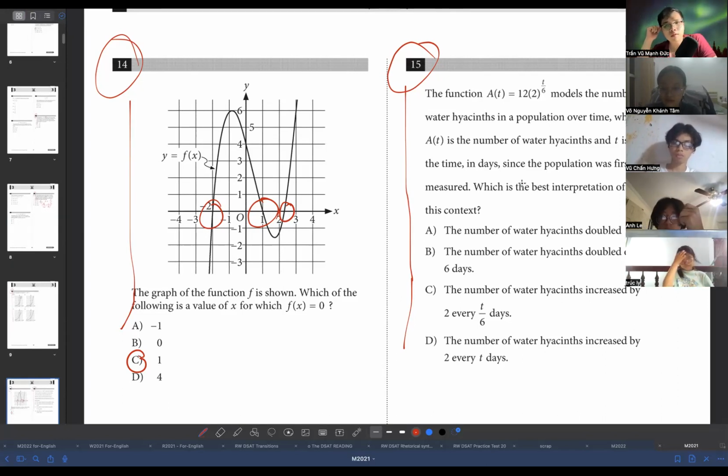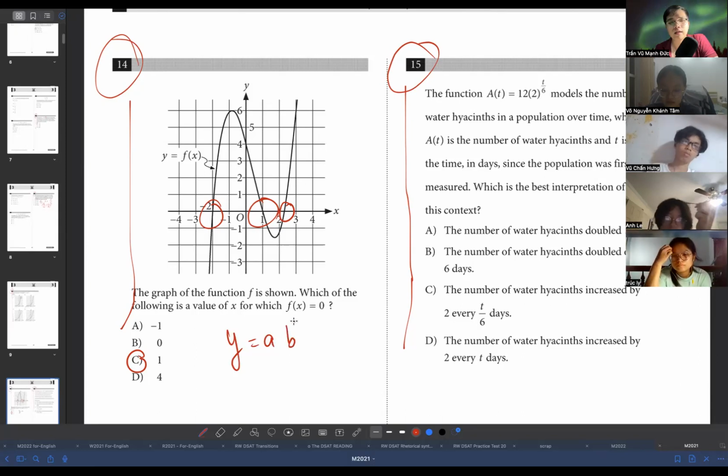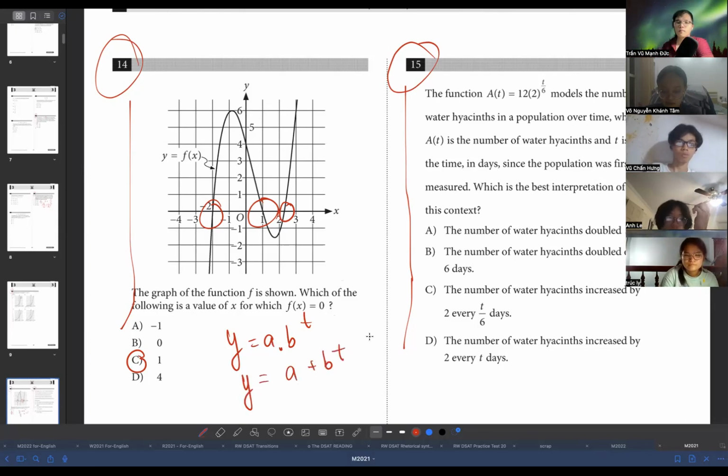C. All right. If I give you this equation, y equals a times b to the t, let's say it's t, so it can be very easily related, and I give you another equation, a plus bt. So for every t, let's say t is hours, on equation 1, if I say t is 2, how much is y1?